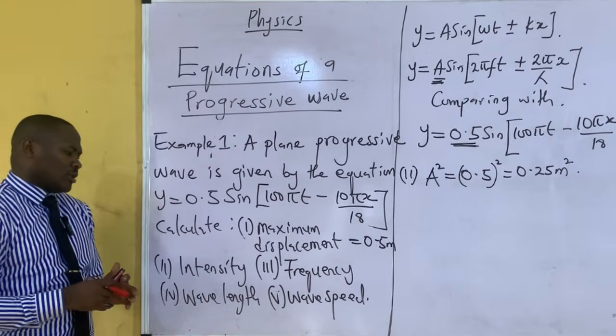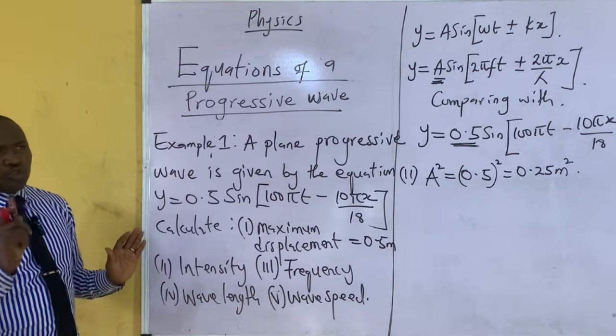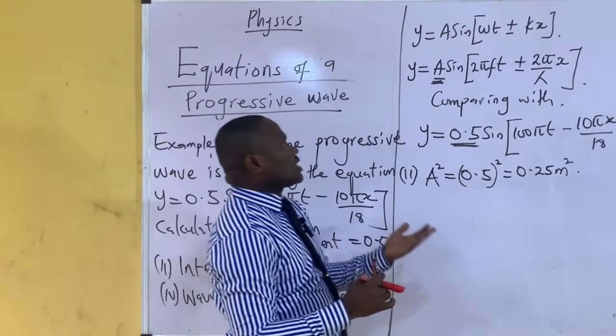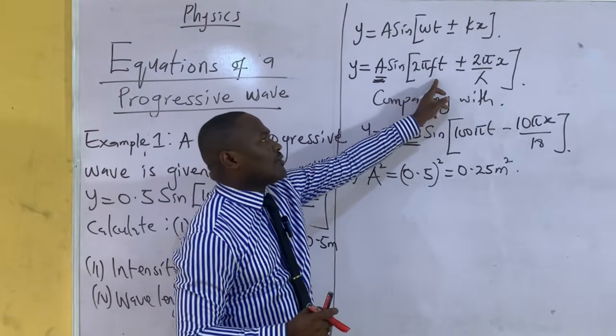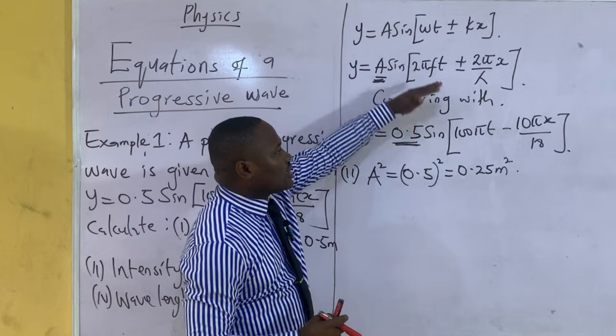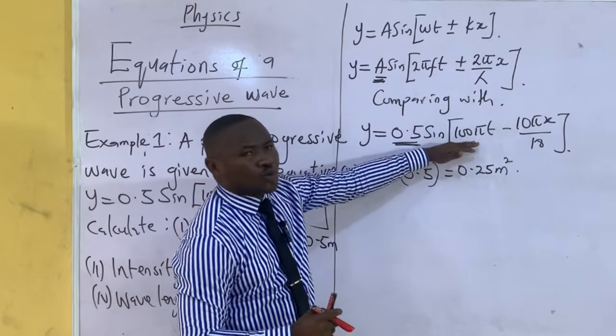What is our question number 3? Question number 3 says, find the frequency. To solve for frequency, I'll ask myself, in the main equation, this is where frequency is found. So I will compare it to where I think frequency can be found in the equation given.